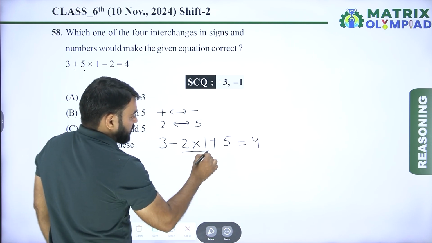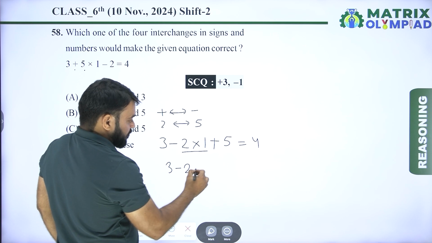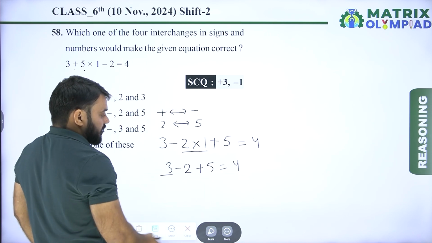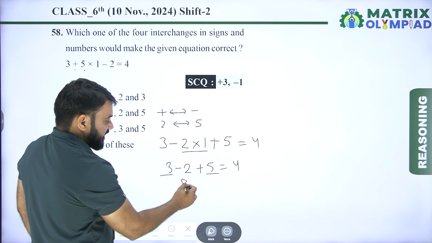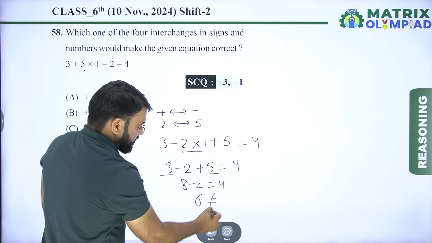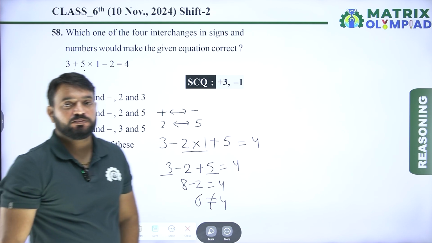So 2 multiply by 1 means 2. So 3 minus 2 plus 5 is equal to 4. 3 plus 3 plus 5 means 8. 8 minus 2 is equal to 4. 8 minus 2 means 6, never equals 4. It means option B is also an incorrect option.